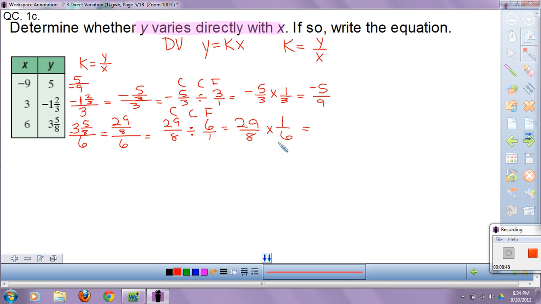To multiply across, 29 times 1 is 29, 8 times 6 is 48, and this I can't simplify. This is an odd number, and 48 is an even number. I could divide 48 by 2, but I couldn't do that to 29. Also, there's no way to turn 48 into 9. My denominator would have to be 9, and there's no way to get there. Same thing with 29, or with 5. So right here you can tell, since this last ordered pair doesn't have the same k, that this is not a direct variation.